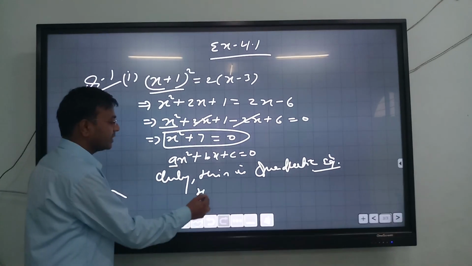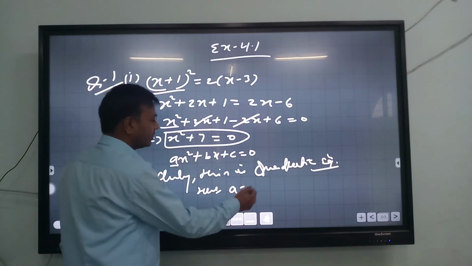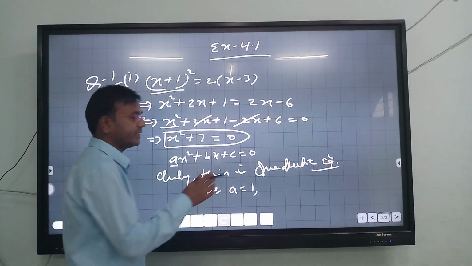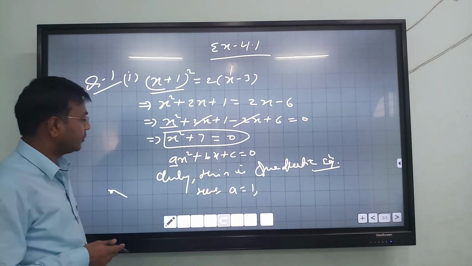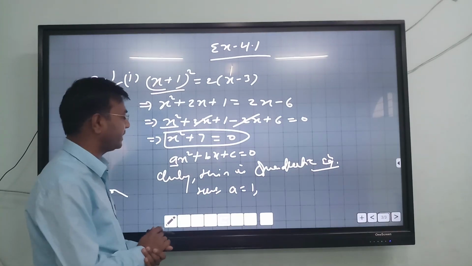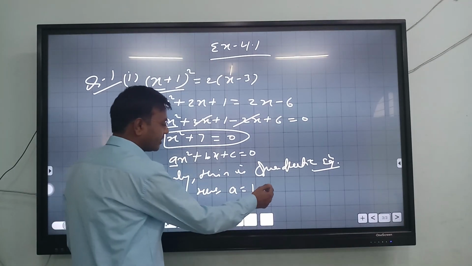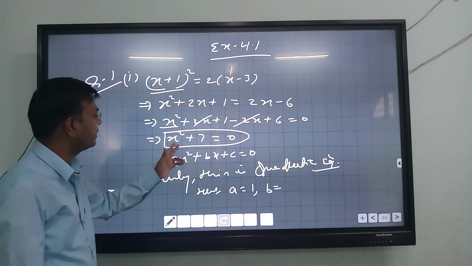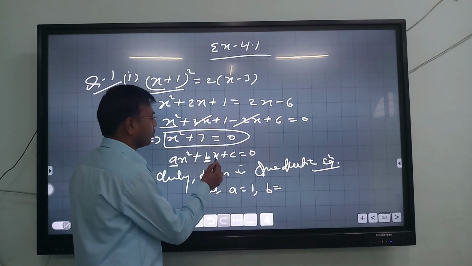And make sure here the value of a is 1. It is important to find a equals 1, because in the next exercise we will be using the values of the constants a, b and c to solve the questions. So let us learn from the beginning the values of a, b, c. a is 1, and the value of b is the coefficient of x.